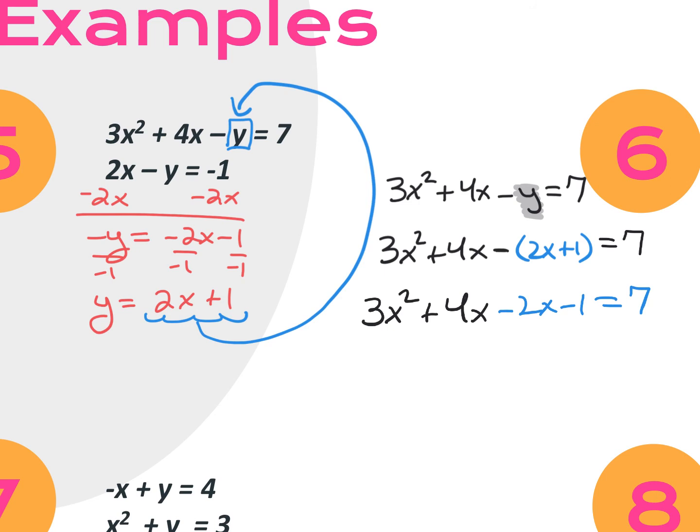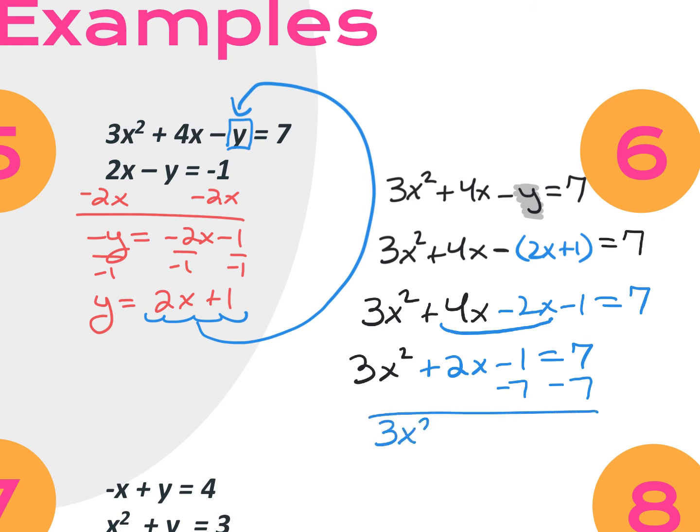I now need to combine like terms. 3x squared. I can add these two together. This becomes a 2x. And then I need to move the 7. When they're nonlinear, we're going to need to factor.